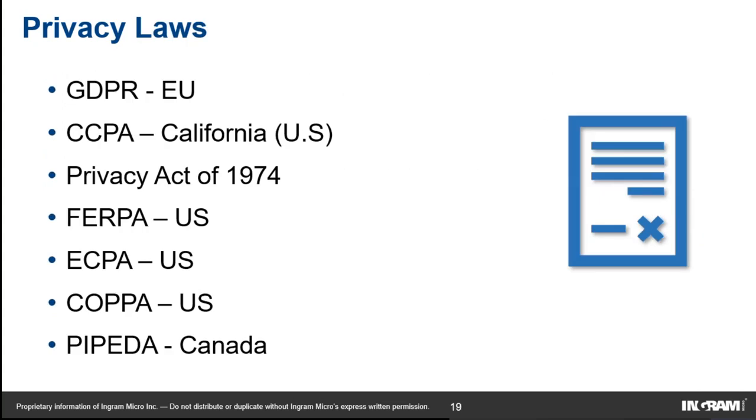So these are some of the privacy related laws. Everybody knows GDPR, and California has its own law. There is a Privacy Act of 1974. It's been there for a very long time, but the new ones are gaining popularity because of the enforcement characteristics which come along with them.